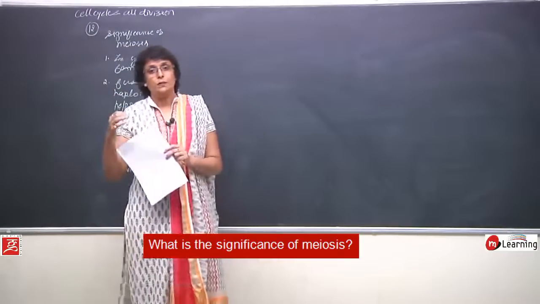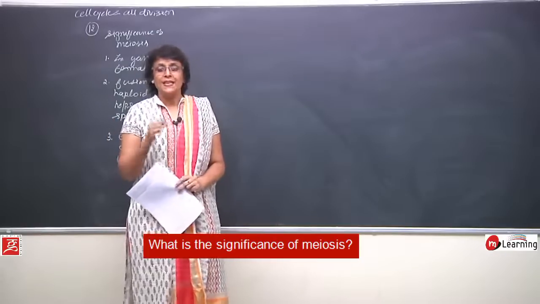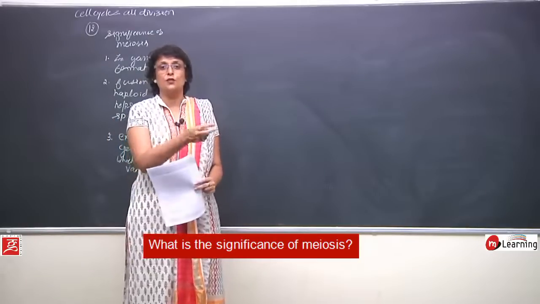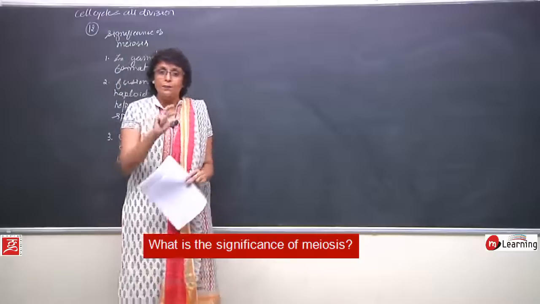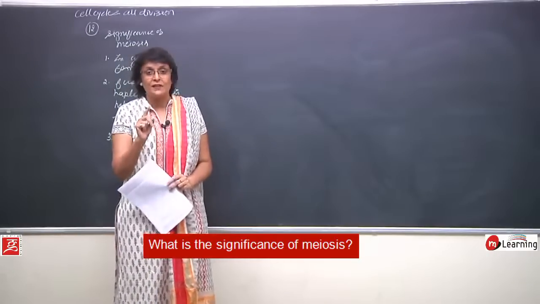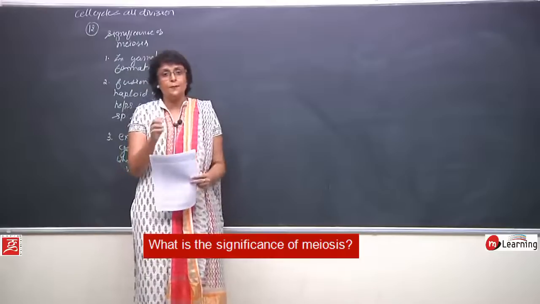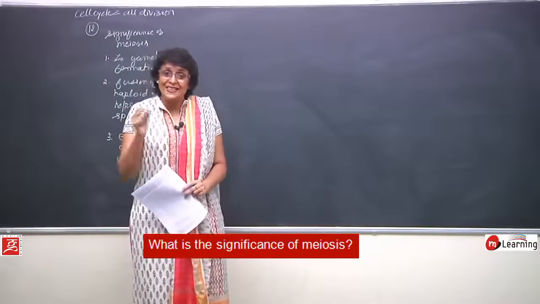Suppose a couple, husband and wife, have 3 children. There are some characteristics which are similar to mom, some which are similar to dad. How are brothers and sisters identical but not similar? You may look at them and say that okay, they are brothers or sisters, but do they look exactly alike?